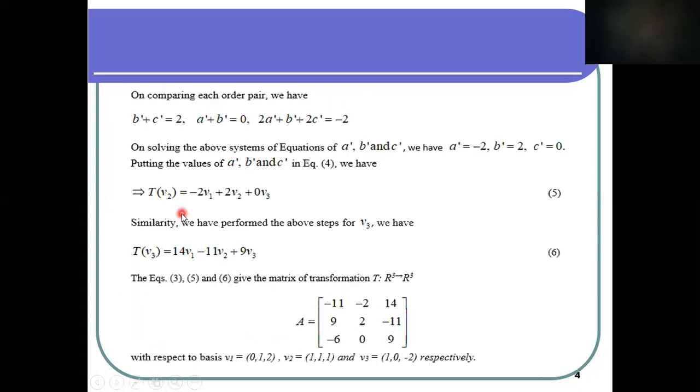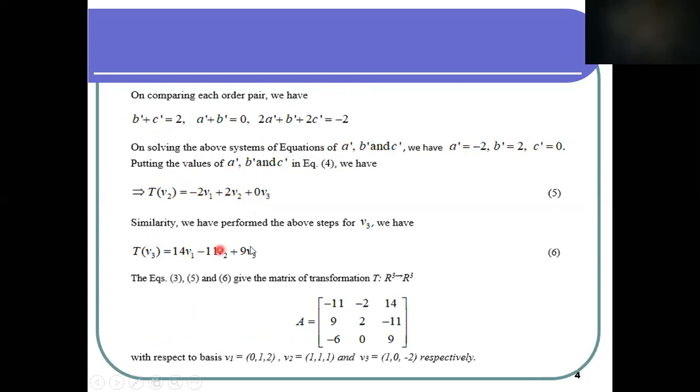Once again I get equations in terms of a dash, b dash, and c dash, and on solving these equations simultaneously, we have a dash is minus 2, b dash is 2, and c dash is 0. Putting these in equation 4, I get T of V2 is minus 2V1 plus 2V2 plus 0 V3.